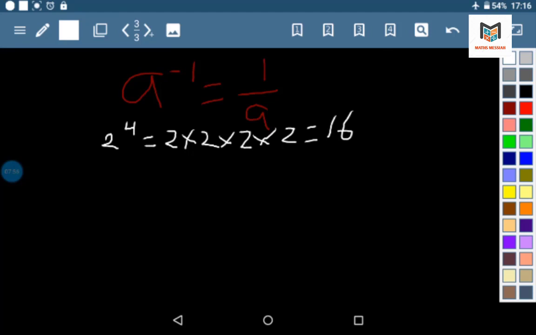Then we have 2 raised to the power 3. So we reduce the powers. Reducing the powers, we had 4 here, so we reduce it to 3. So this one too, we have 2 by 2 by 2, and that one will give us 8.